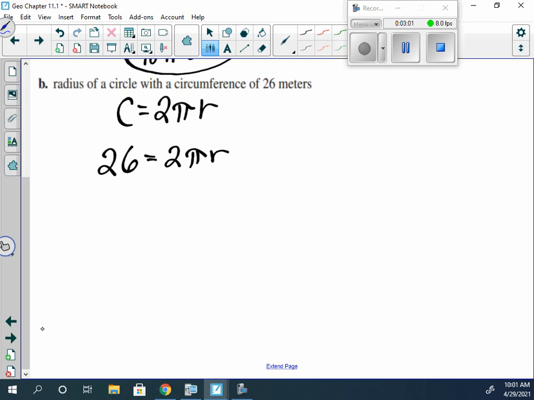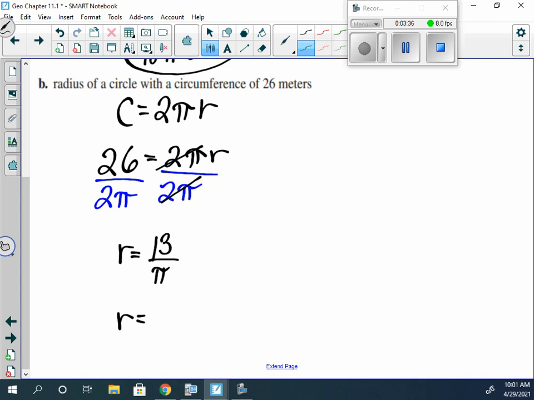Now what would we need to do next to solve for the radius? We would divide by 2 pi, because 2 pi divided by 2 pi would simplify to just r, is equal to 26 divided by 2 pi, so we can say 13 over pi, because pi would be in the denominator since we're dividing by it.